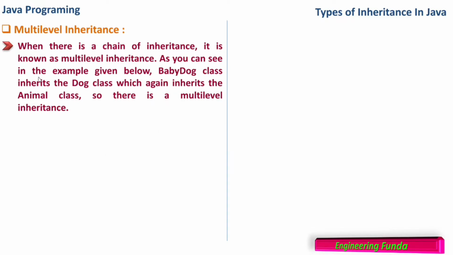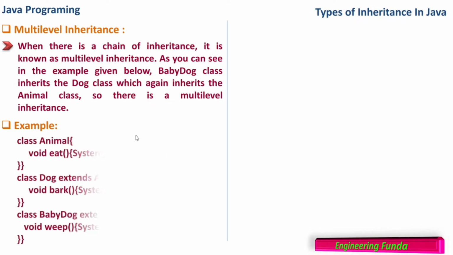As you can see in the example given below, there is a class baby dog which inherits the dog class, which again inherits the animal class. So there are total three classes: animal, dog, and baby dog. Baby dog extends dog, and dog extends animal. So there is a multi-level inheritance.